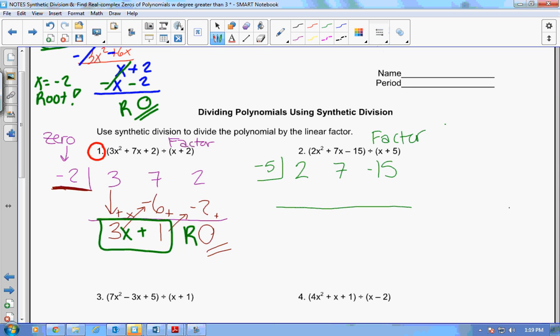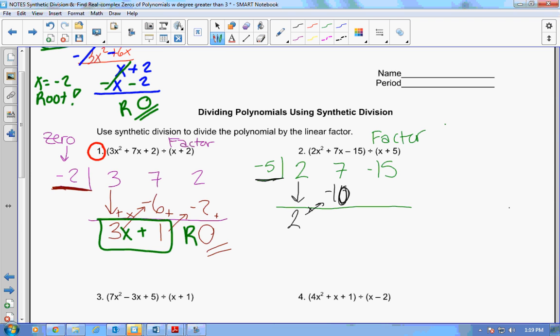Okay, you add up the columns. Starting with the 2, there's nothing below it, so I just bring it straight down. Okay, what do I do diagonally? Times by negative 5. Depika, can you help me out? What number do I put here? Good. And Depika, what number? That's a 10.